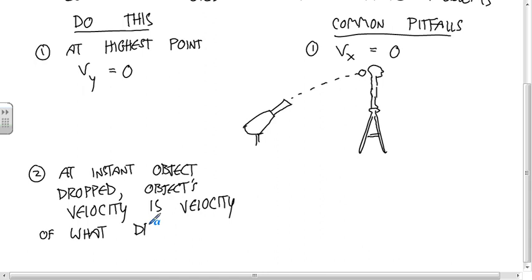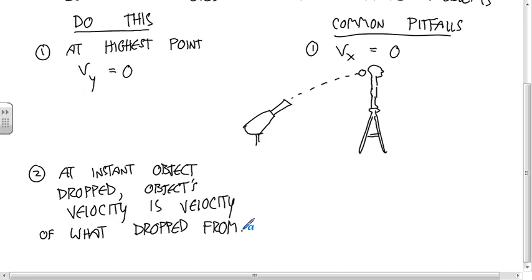If an object is dropped from a building, out a window, at the instant it's released, its velocity is 0, because the building doesn't have any velocity.